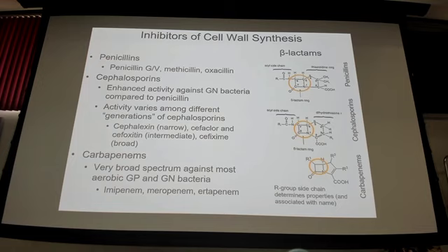With cephalosporins, we have increased activity against gram-negatives. The penicillins, for example, do tend to work better in gram-positives. Can anyone imagine or guess why you would have greater efficacy against gram-positives with penicillins? Yeah, they have a ton of peptidoglycan, a very thick layer, and they don't have that outer membrane that gram-negatives do.